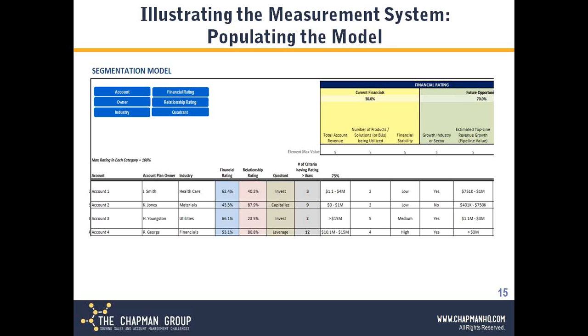Again, the fill-ins in the model, and I'll make this a little larger shortly for you, are usually just drop-downs that help populate each one of those categories we see above, or subcategories.